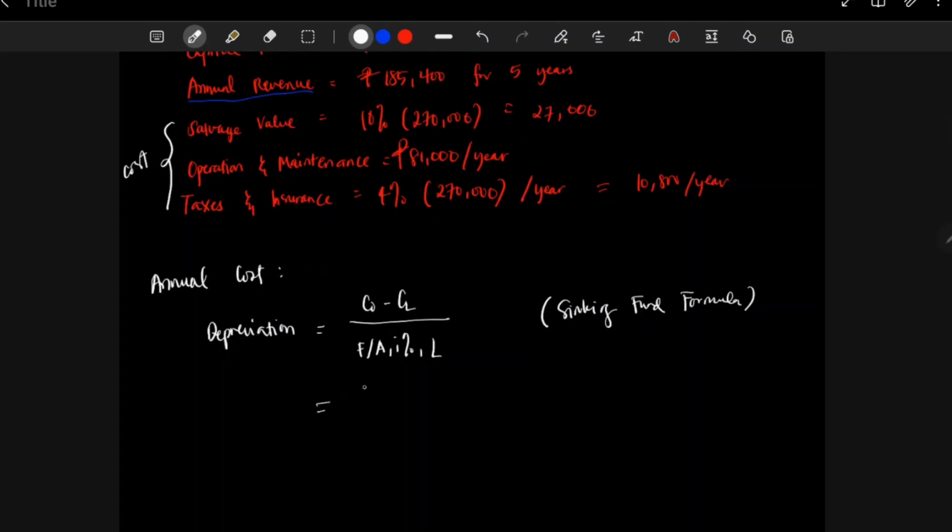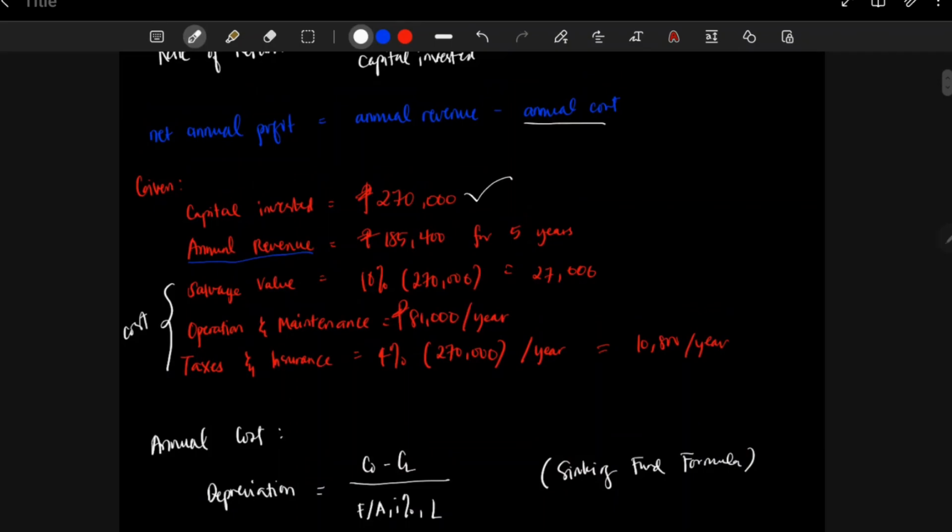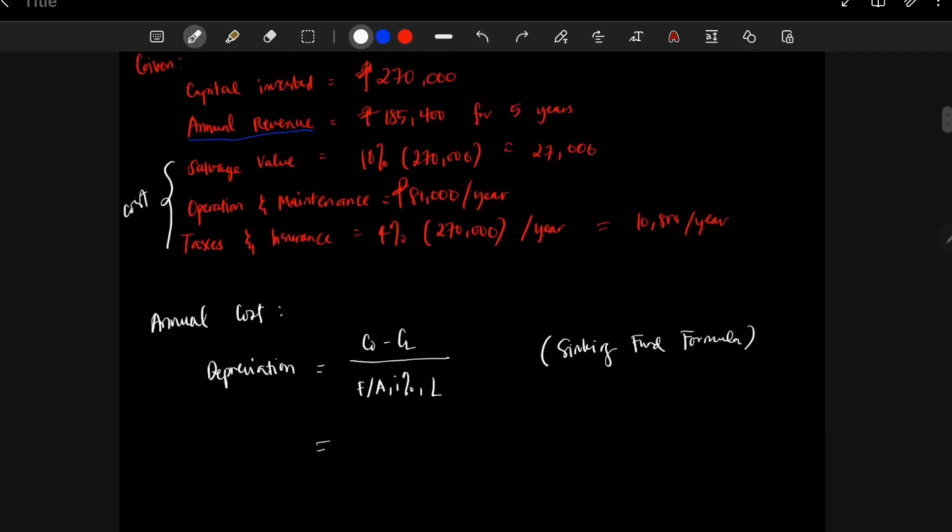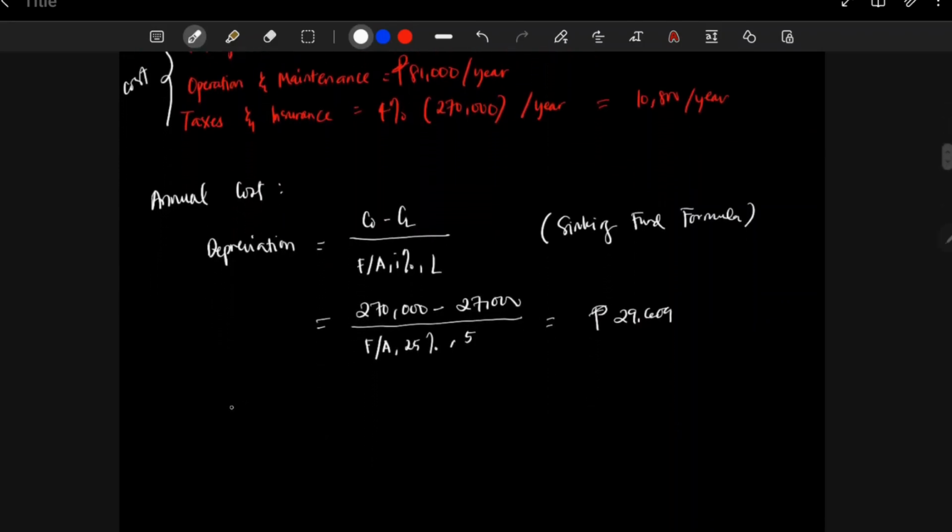C sub O, the original cost, is 270,000. So 270,000 minus the salvage value of 27,000, all over F given A at 25% interest rate, and 5 years of life. This is equal to 29,609 pesos. So that is the first.